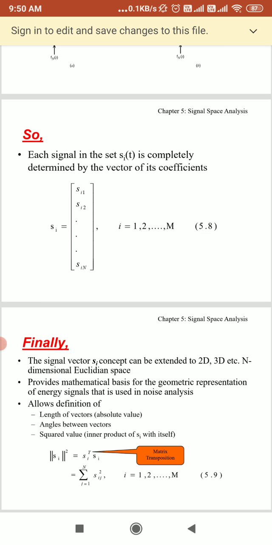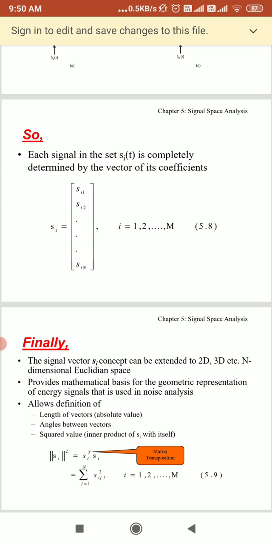The signal vector Si can be extended to 2D, 3D, up to n dimensional Euclidean space geometry. This provides the mathematical basis for the geometric representation of energy signals, and we can use that analysis in noise analysis.